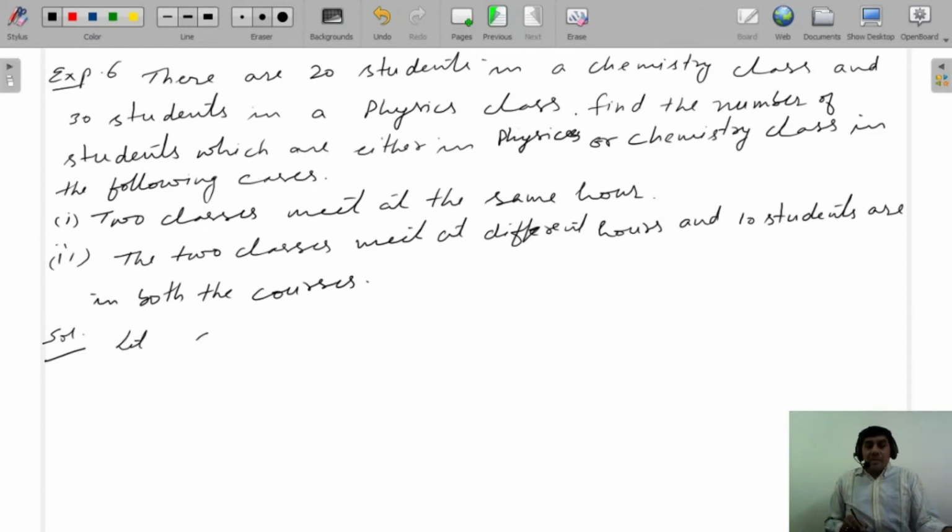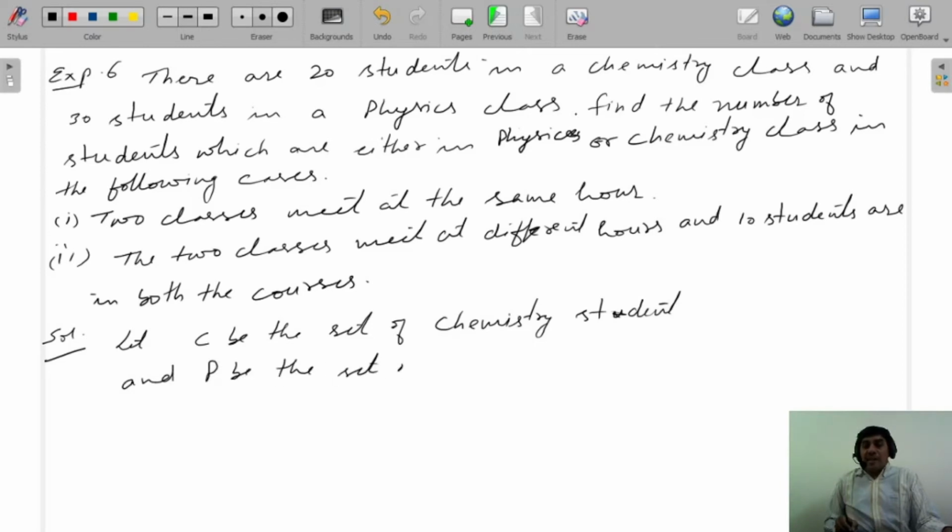Let C be the set of chemistry students and P be the set of physics class students.